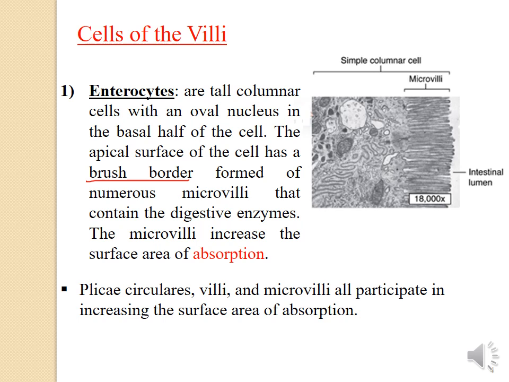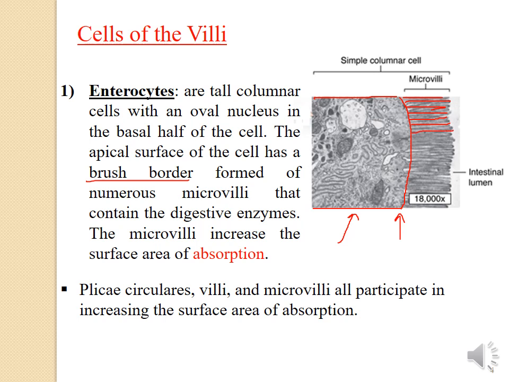So here is a transmission electron microscope image of the columnar cells. This is the cell, and here we have the surface of the cell. Notice how on the surface we have numerous closely packed microvilli.